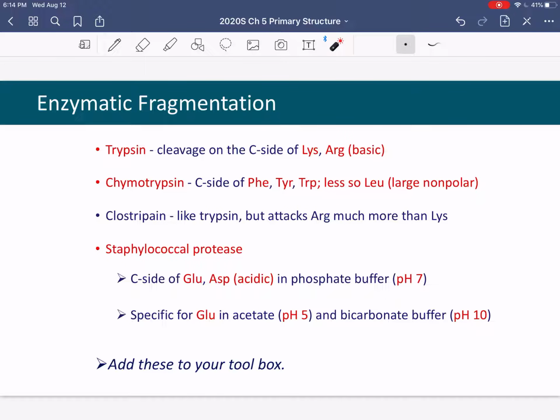And that might help to reduce the number of fragments that you have to analyze, because you have lots of aspartates in a protein, and so you might want to choose to just cleave after glutamic acid. You'll see why in a few minutes. So you'll want to add these enzymatic cleavage reagents to your toolbox.